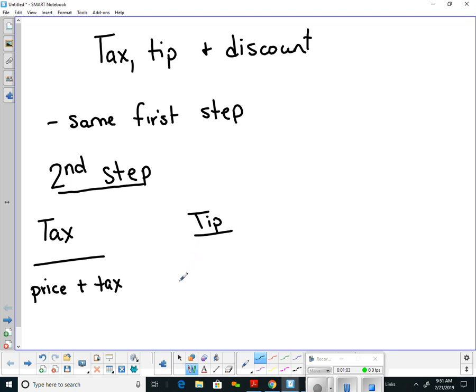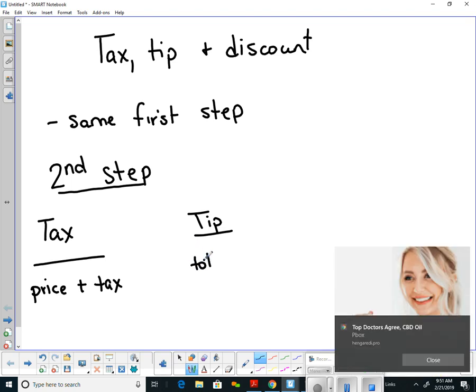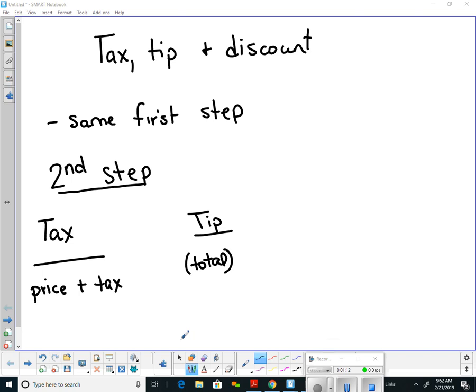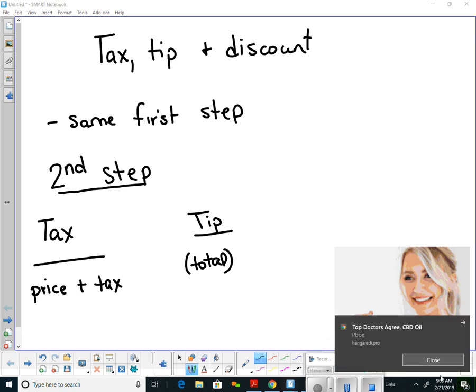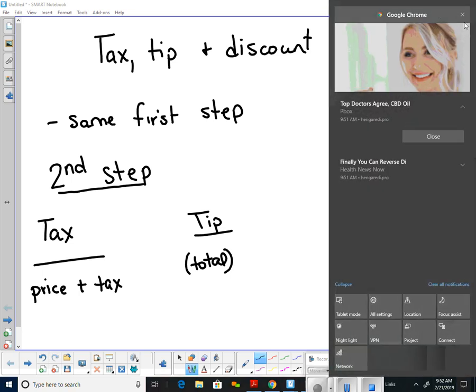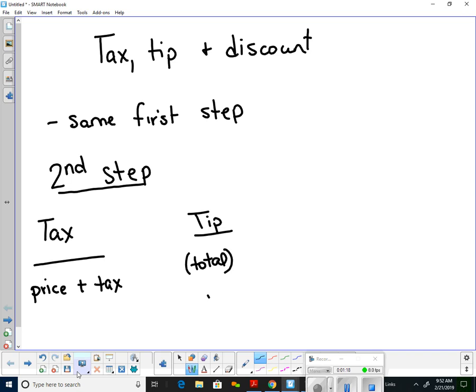If they ask you for the total of the bill, then you will add. Okay, so if they ask you for the total, again, you're going to take the price and add the tip.